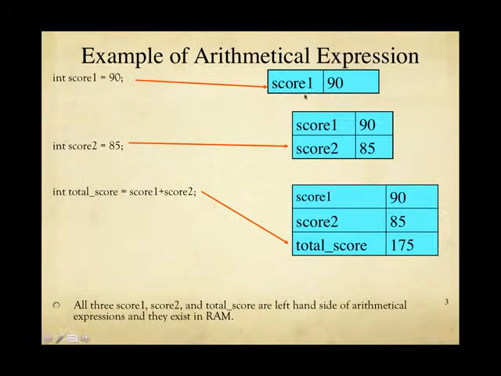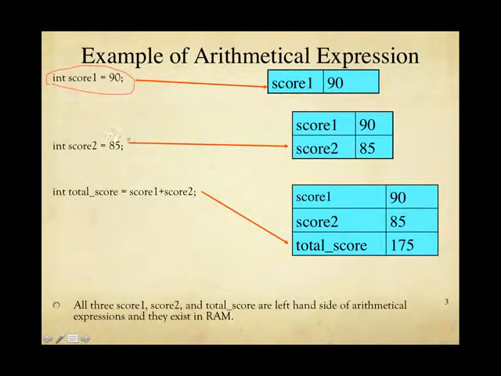Here's an example of arithmetical expressions. We define int score1 equal to 90. Then score1 is an arithmetical expression with value 90.